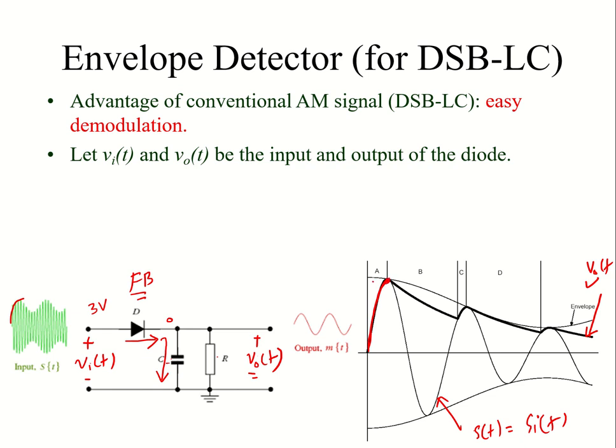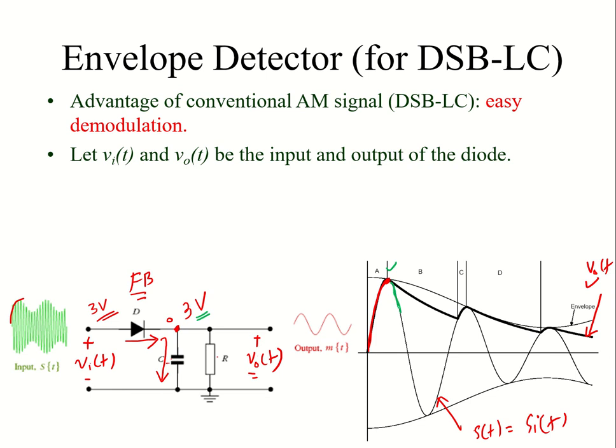Once it reaches the peak value, for example, here is 3 volt and here you also get 3 volt, you have the same voltage on both sides. Then your input voltage is decreasing while your output voltage is 3 volt.